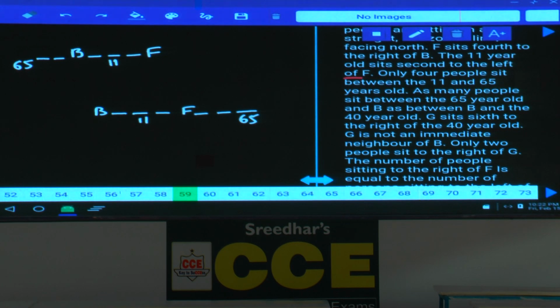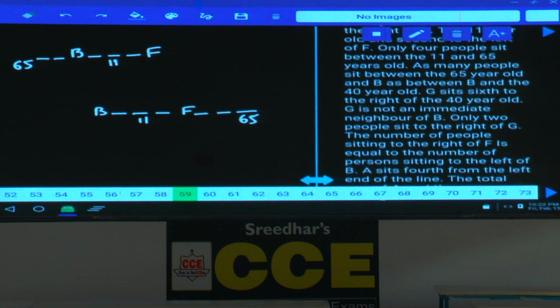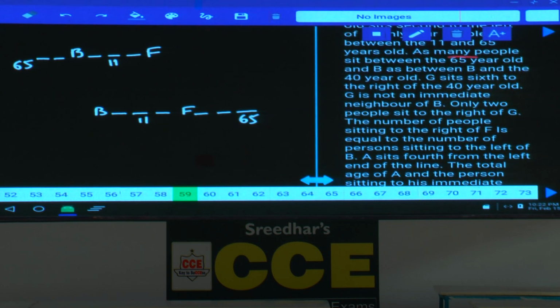Now only 4 people sit between the 11 and 65-year-old. There must be exactly 4 people. Next one: as many people sit between 65-year-old and B as between B and 40-year-old.